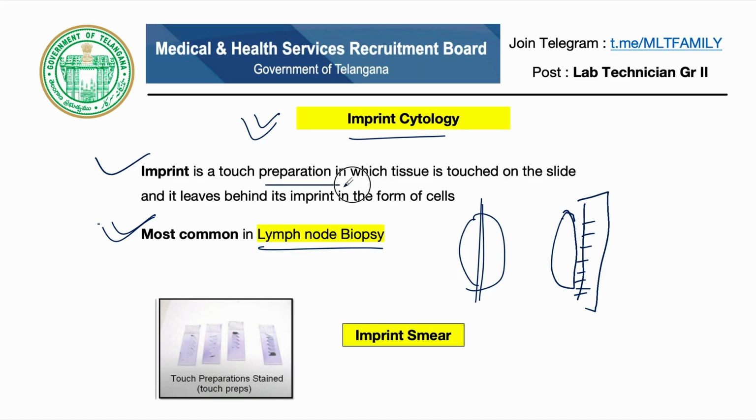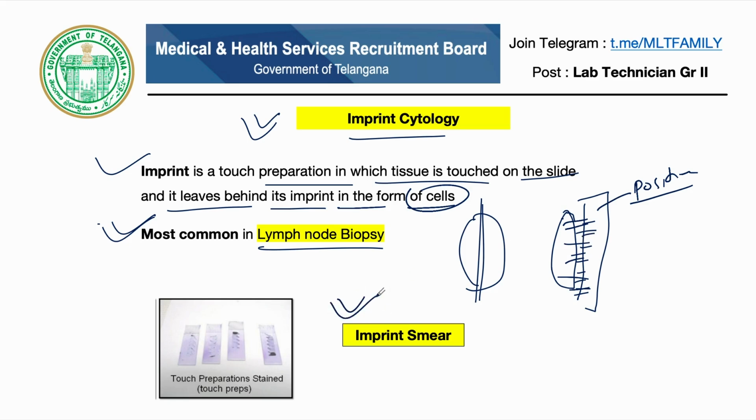Imprint is a touch preparation in which tissue is touched on the slide and it leaves behind the imprint in the form of cells. So basically cells get stuck to the slide. Usually this is a positively charged slide, which makes better adhesion between cells and slide. This is called an imprint smear.